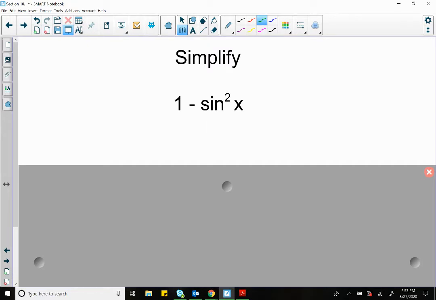Simplifying usually means you're going to reduce this thing down to one item or maybe a number. So in this one, what they want you to do is use identities, using that tip number 1. Because in the identities, we know that sine squared plus cosine squared equals 1.